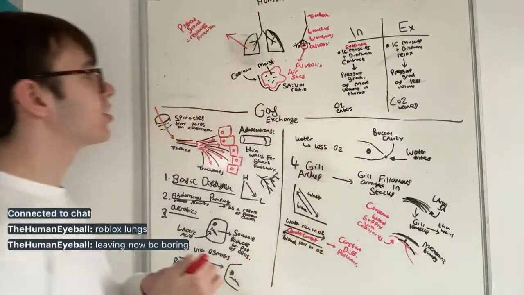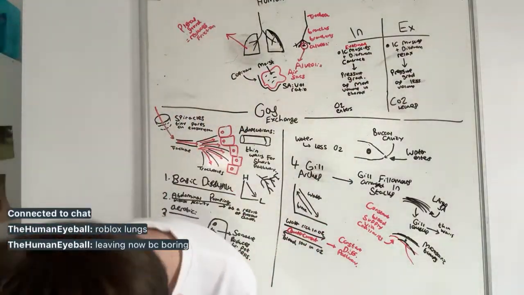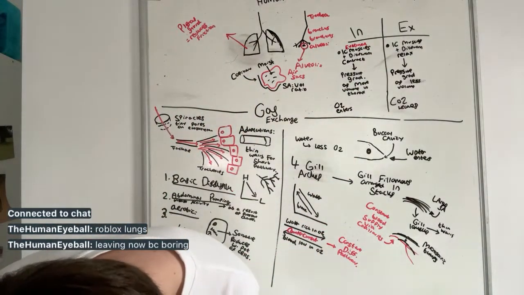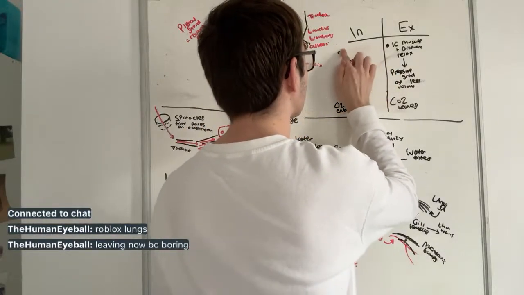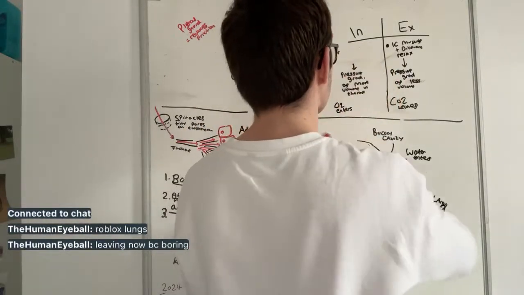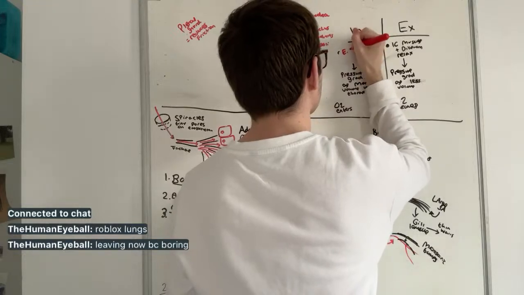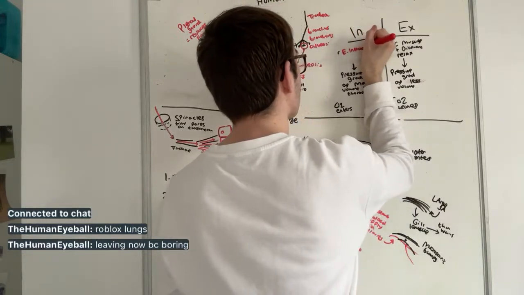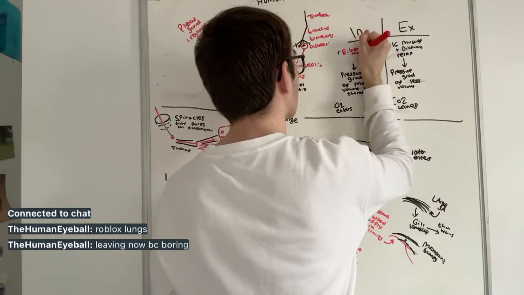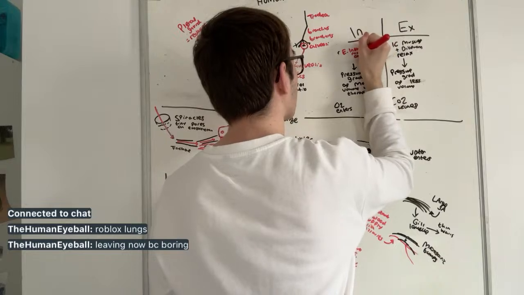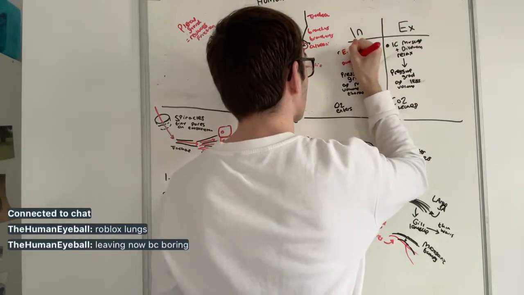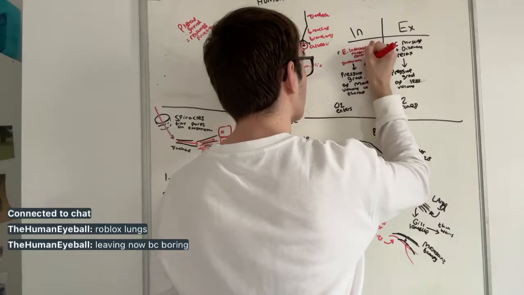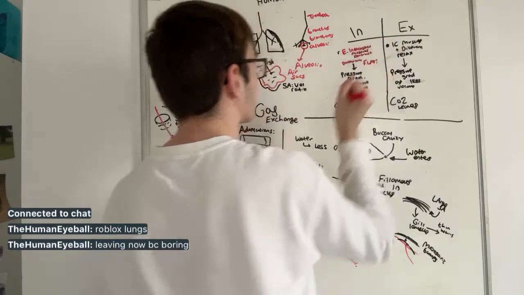So your external intercostal muscles contract and the diaphragm flattens out. Your diaphragm flattens.